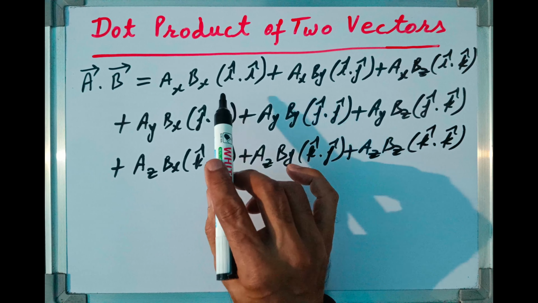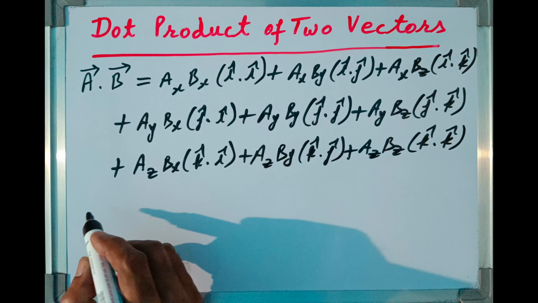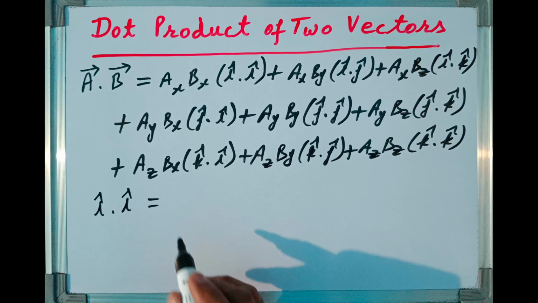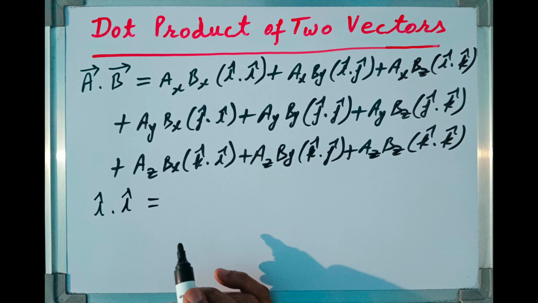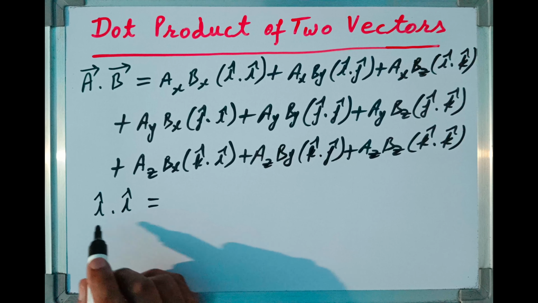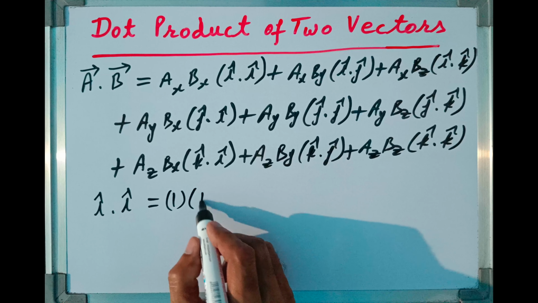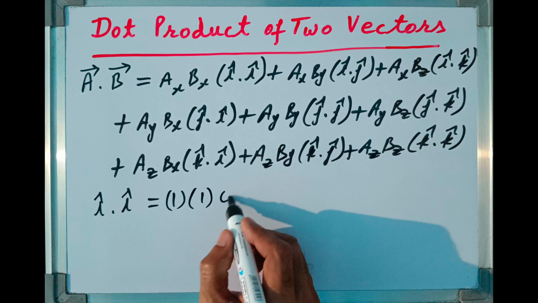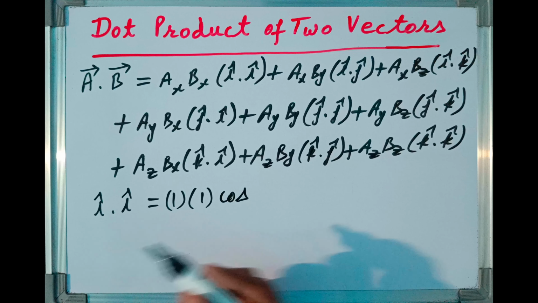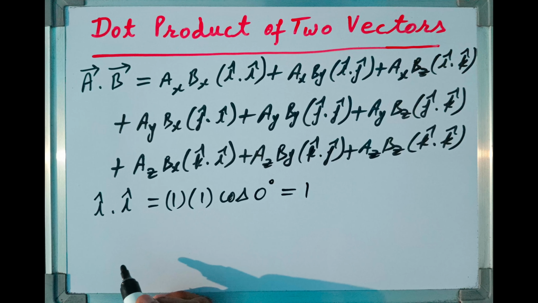Now we have to solve these dot products of unit vectors one by one. For that purpose, first of all, let me consider i cap dot i cap. Using the definition of dot product, I have to put the magnitude of the first vector, which is 1 because it is a unit vector. The magnitude of the second vector is also 1, it is also a unit vector, multiplied with cos of the angle between the two vectors. i cap and i cap means the angle between them is 0, cos 0 is 1, so our answer is 1.